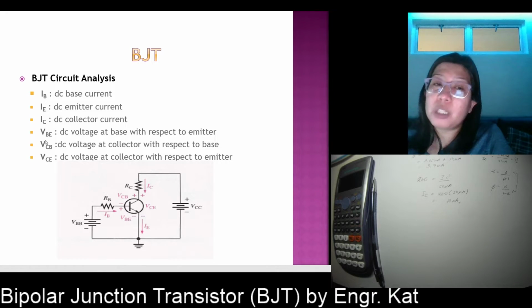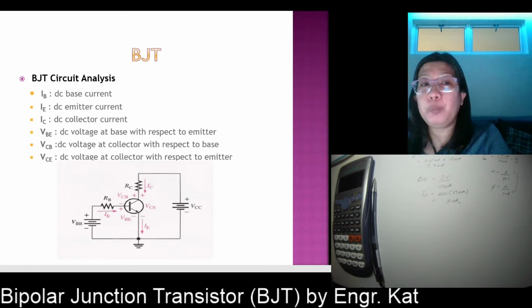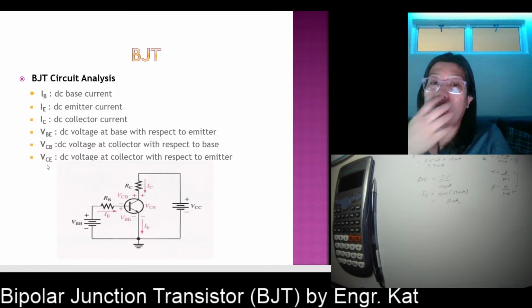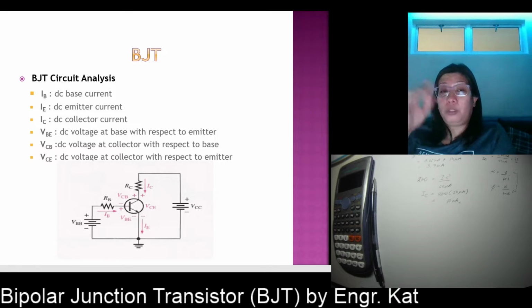When you have a subscript like VBE, if that is in the laboratory and you have a voltmeter, you place the positive terminal of the voltmeter at the base, while the negative is at the emitter. The first letter signifies the positive polarity, while the second signifies the negative polarity. So you have the VCB, that is the collector with respect to base, and then you have the VCE, which is the collector with respect to the emitter.